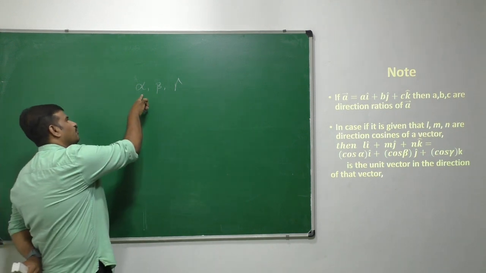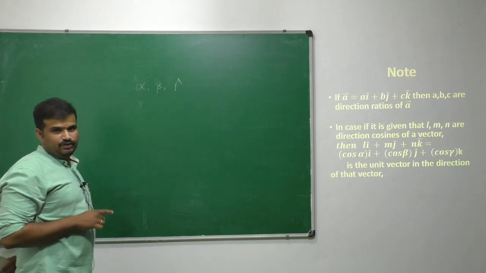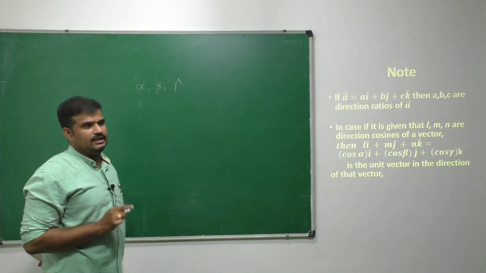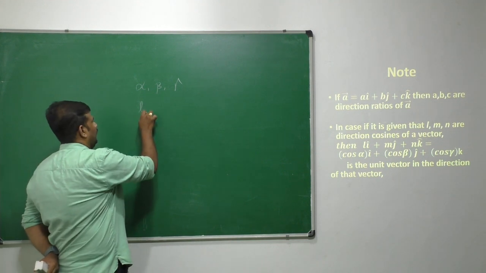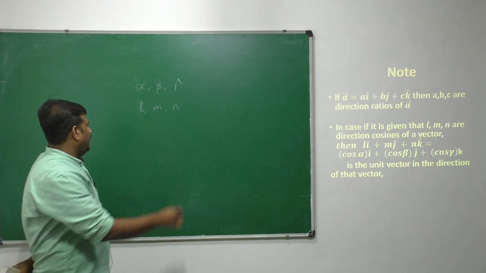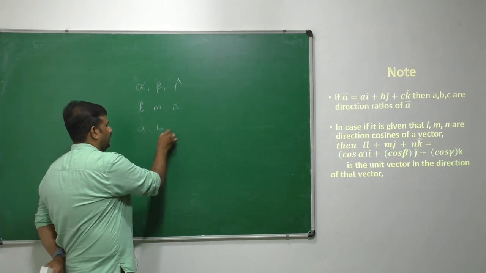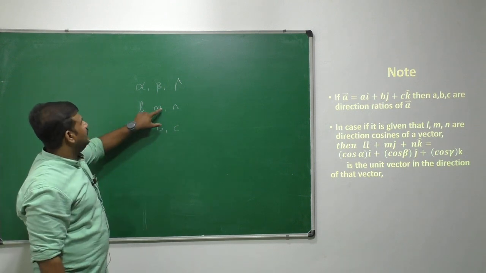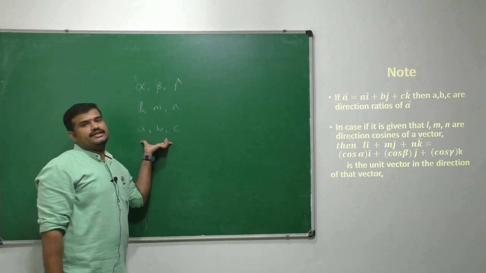The cosine values of alpha, beta, gamma are called direction cosines. Usually I denote them by l, m, n, as you know from the previous class. And any three numbers proportional to l, m, n are called direction ratios.